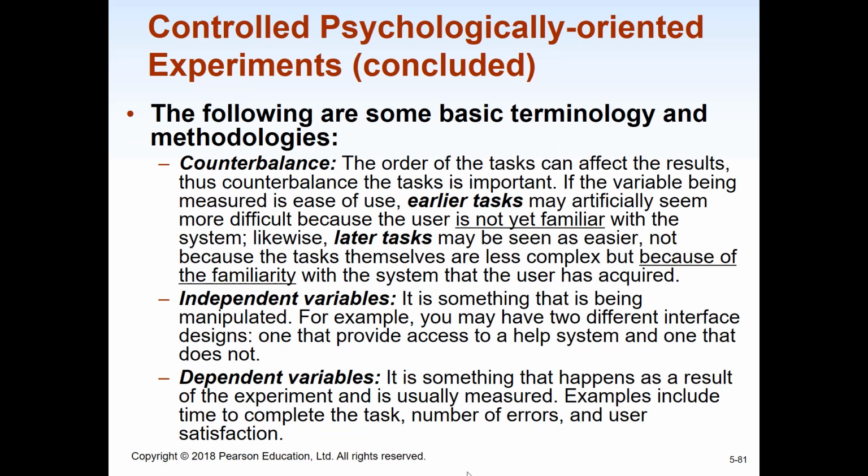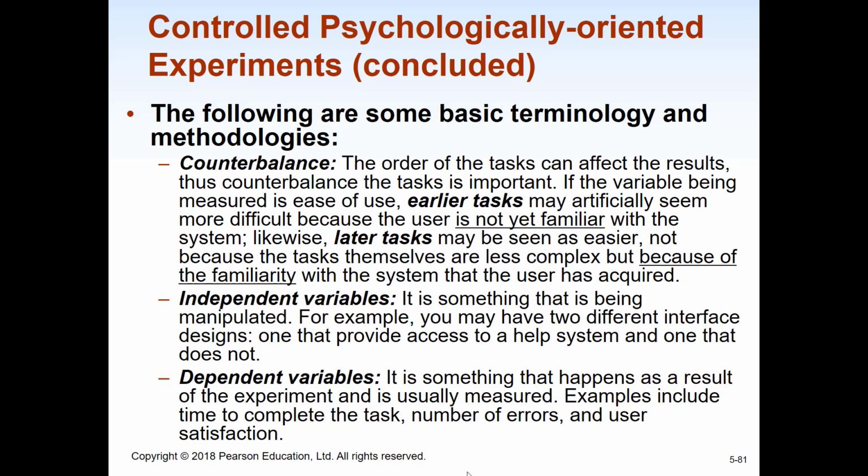Counterbalance here comes from counter, like the opposite. The order of the tasks can affect the results. Thus, counterbalancing the tasks is important. If the variable being measured is ease of use, for example, early tasks may artificially seem more difficult because the user is not yet familiar with the system.